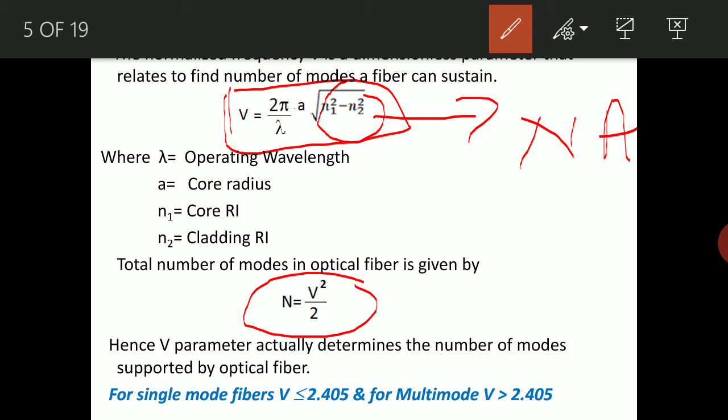Now based on the V parameter, if the value of V is less than or equal to 2.405, we are going to call it single mode, and if V is more than 2.405, we call it multimode. The single mode and the multimode we are going to discuss in the next slide.